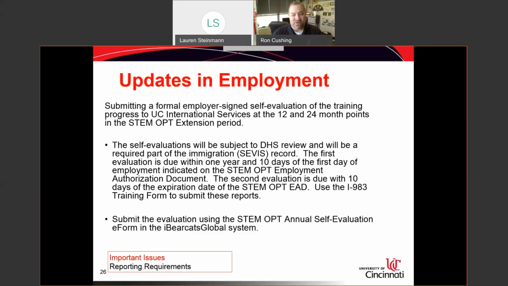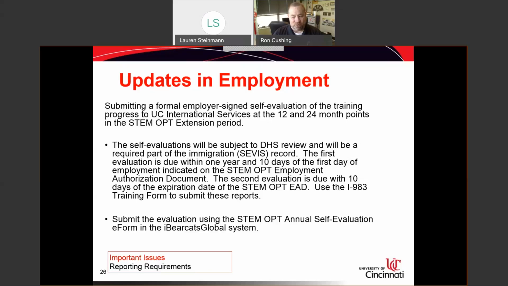What you need to do as a student when you fill out your first I-983 is keep that form in its entirety, because you are going to reuse it down the road when you do your 12-month and 24-month extensions. When you file those, Homeland Security just doesn't want that page with the evaluation. They want the entire I-983 form. So make sure you keep it for yourself for future use.